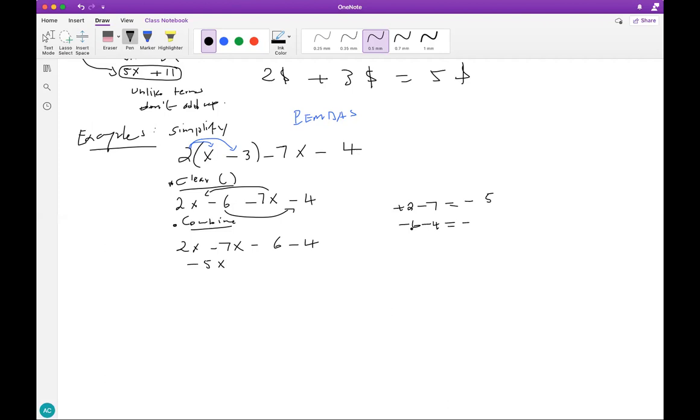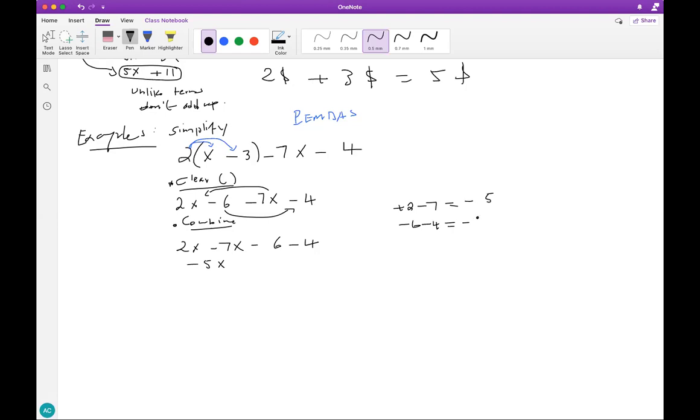Not positive 10. Again, think about the rules we learned last time. Negative 6 minus 4. Think about the number line. Negative 10.